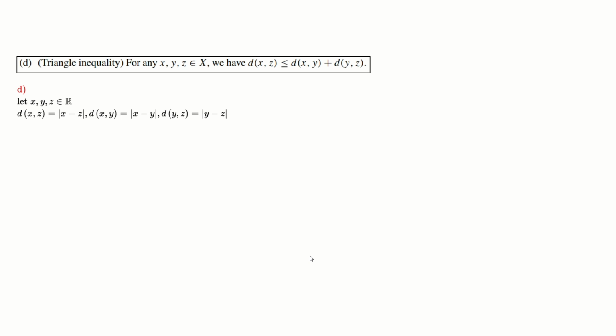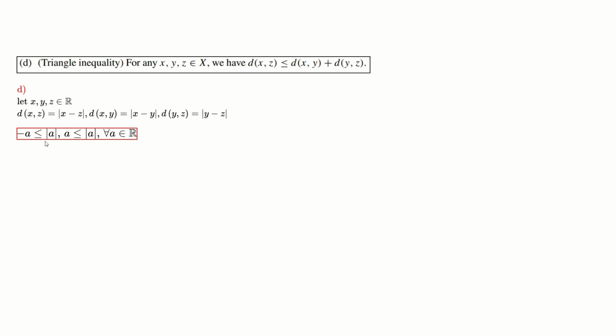For part D, it's a little more tricky, so we need to unpack a couple of things. Let x, y, and z be in the set of real numbers. This is just the formula of what the distance d(x, z), d(x, y), and d(y, z) are equal to. So we need to know, very importantly, that for a, the identity negative absolute value of a is less than or equal to a, which is less than or equal to absolute value of a, is always true, right? Let's say a is -1: -1 is less than or equal to the absolute value of -1, which is just 1.